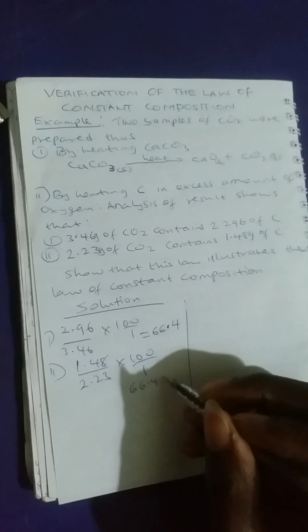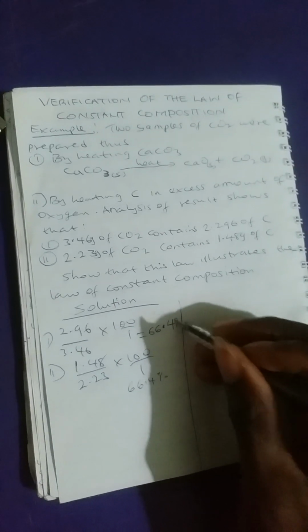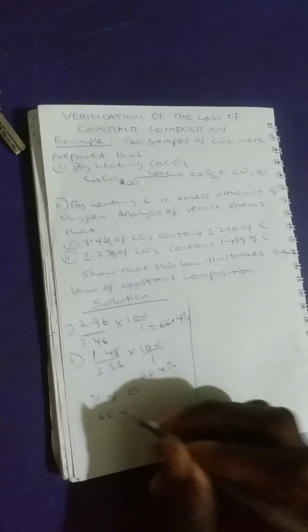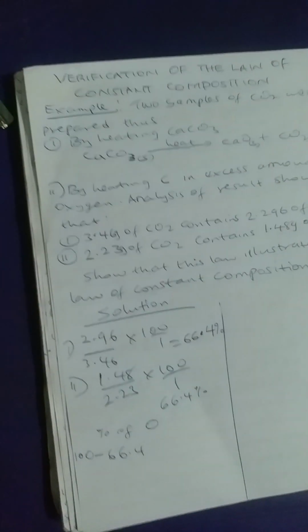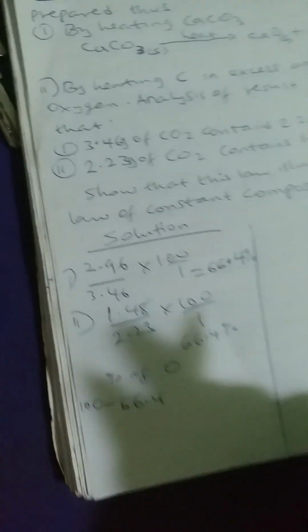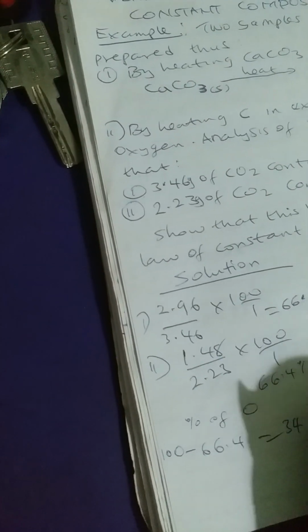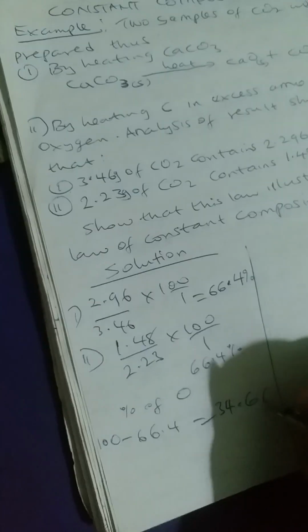This gives 66.4%. This also will give 66.4%. Now, if 66.4 is for carbon, then to get the percentage of oxygen, you just say 100 minus 66.4. Okay, 100 minus 66.4 will give us 34.6%.